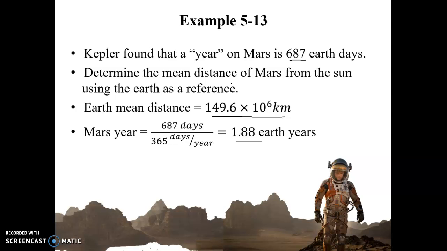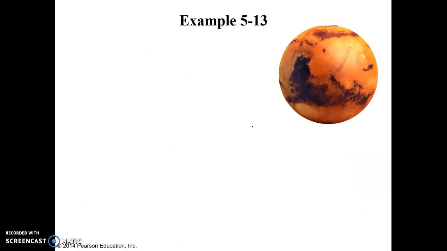So what we want to do is determine the distance. So let's use Kepler's ratio here, his law that says the distance from Earth cubed over the period of Earth squared is equal to the distance of Mars cubed over the period of Mars squared.